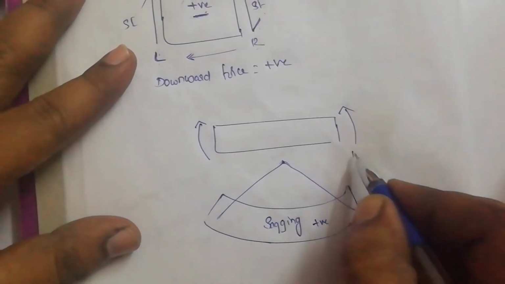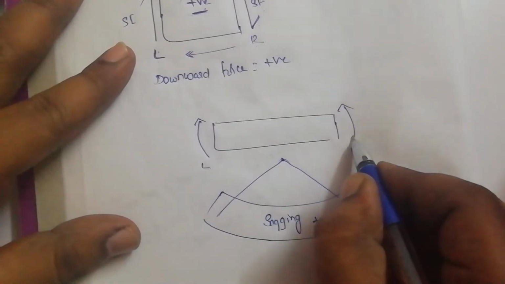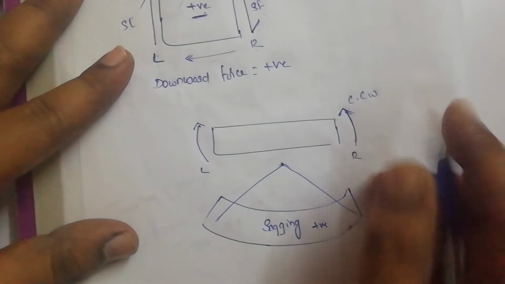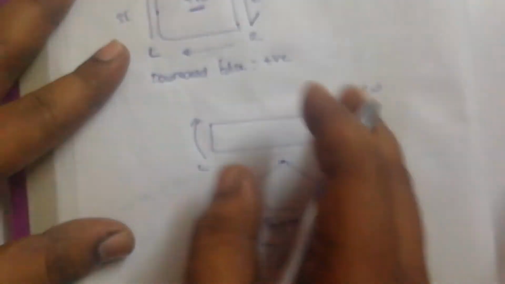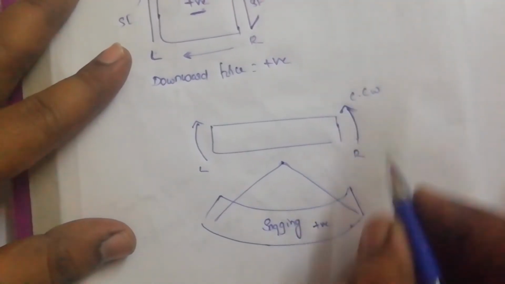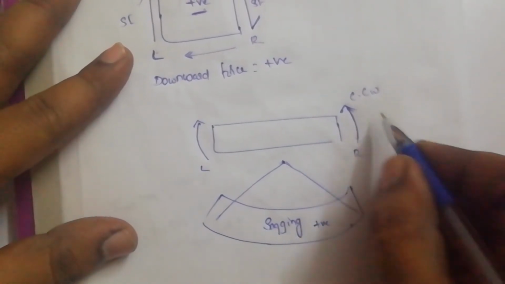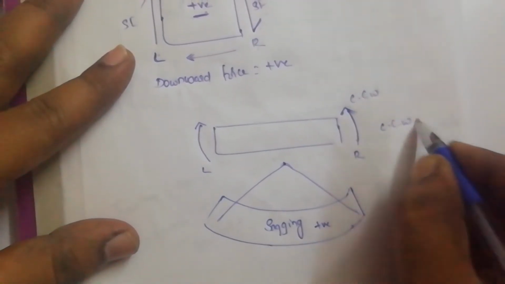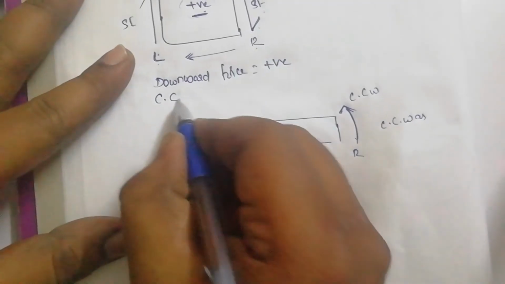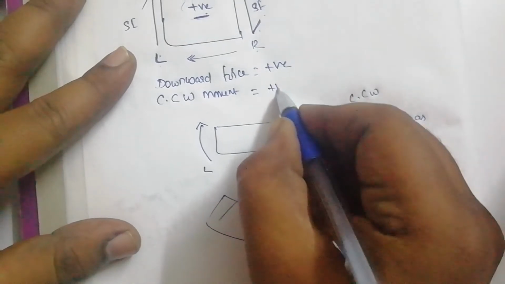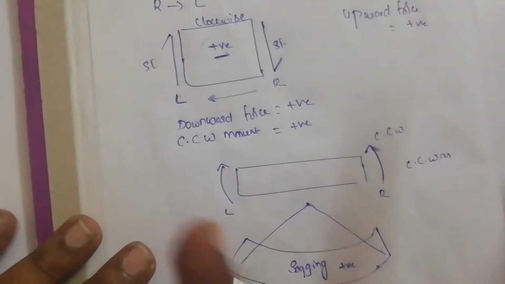Now when we are solving from right to left, what type of movement is this? Nothing but counterclockwise. This movement is counterclockwise movement. Counterclockwise movement will try to create sagging, so we consider counterclockwise, CCW, as positive. I will write here CCW movement, that is nothing but counterclockwise movement will be positive when you solve from left to right.